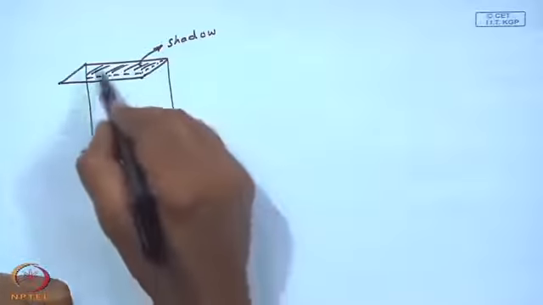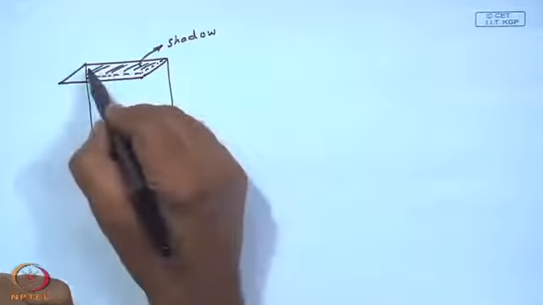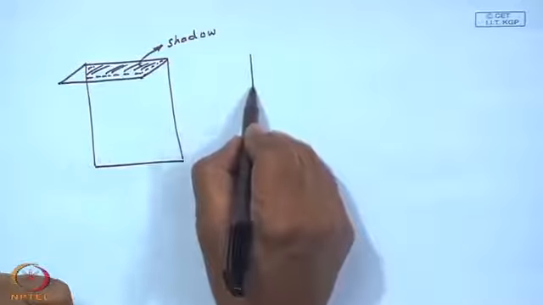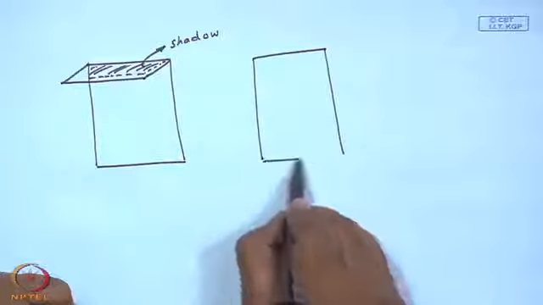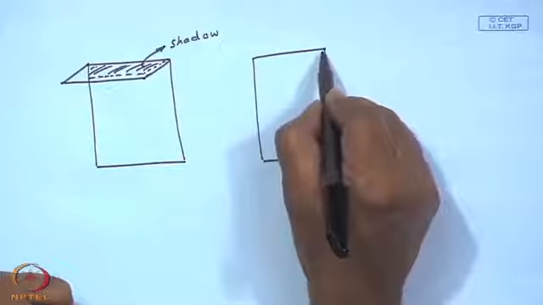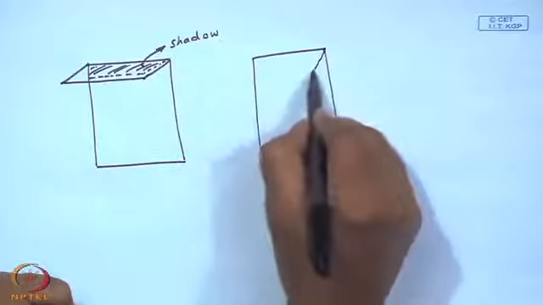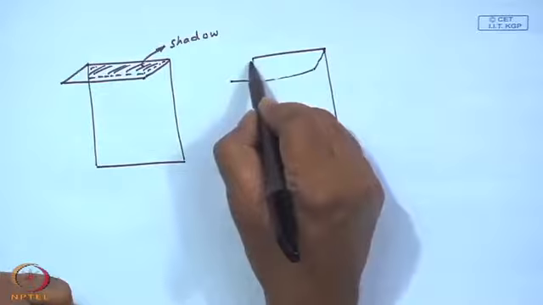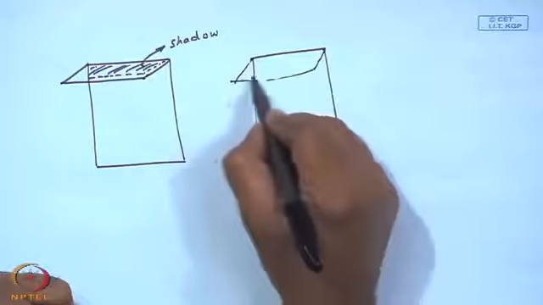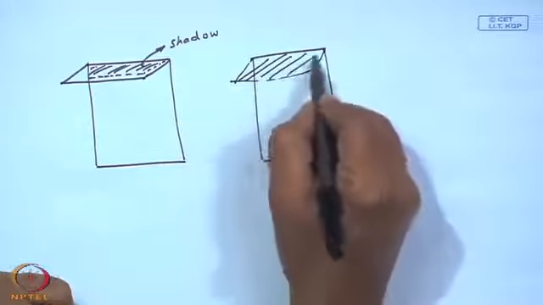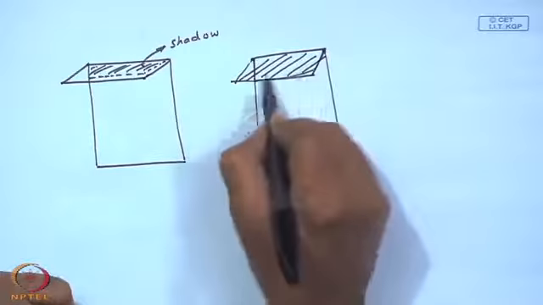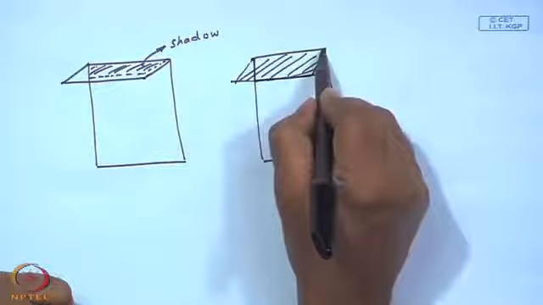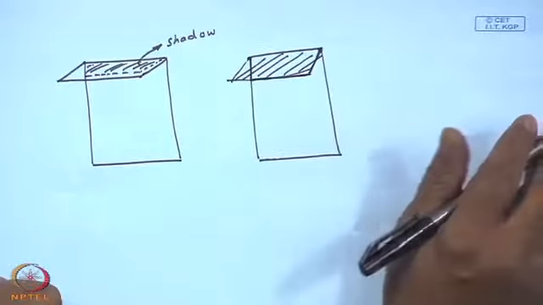If I want to make it clear to you, I will not show the overhang, but I will show the different types of shadows that it can make. So, you may have a shadow something like this, out of which this is the area of the window that is shaded, right?